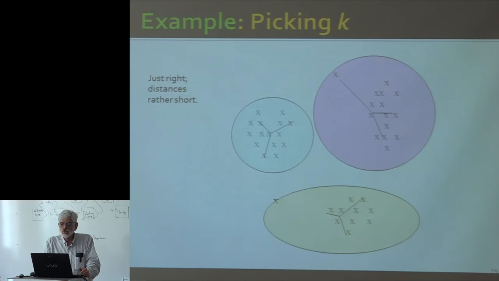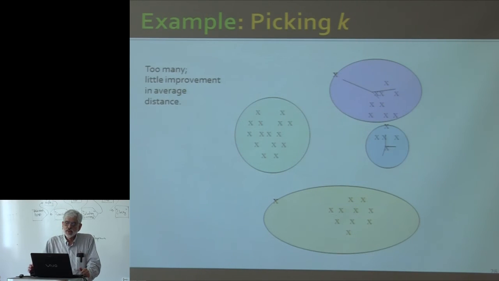Now, what if I went to 4? Well, I might get something like this, where one true cluster got sort of arbitrarily broken into two clusters. That will lower the average distance within these two clusters a little bit, but not by much, because the points are kind of close together anyway.